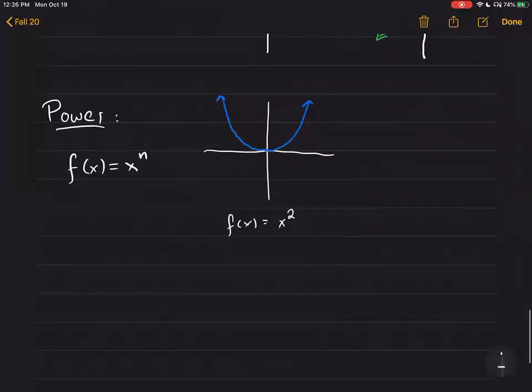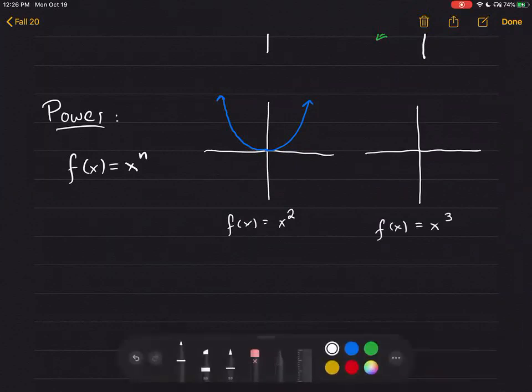And then if we have maybe f of x equals x to the third power, what we're going to see now is that instead of it going up in both directions, it's going to go up on the positive side and down on the negative side of the x-axis, like that.